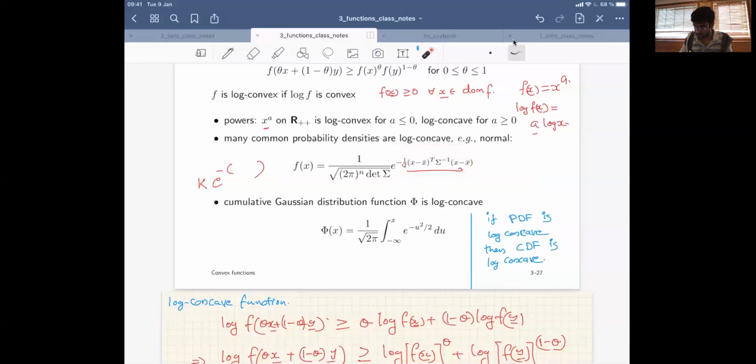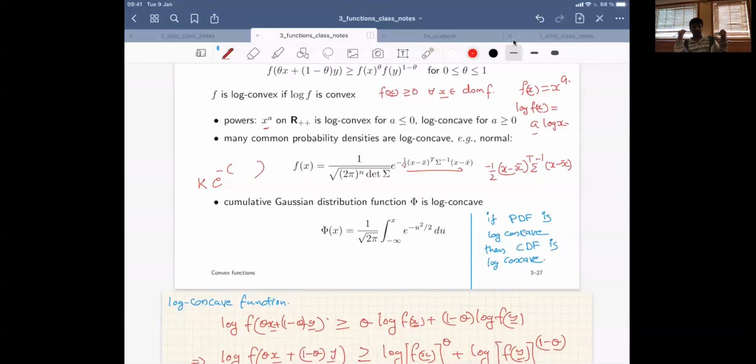So is this a convex or concave function? My question is minus half x minus mu transpose sigma inverse x minus mu. Is this concave or convex? It's a quadratic function, right?